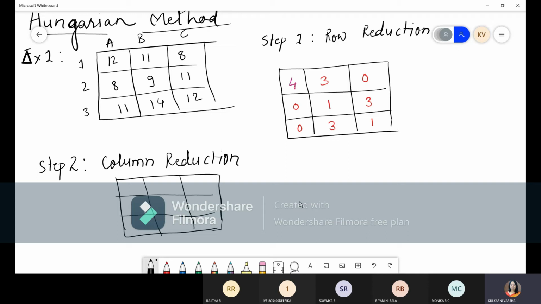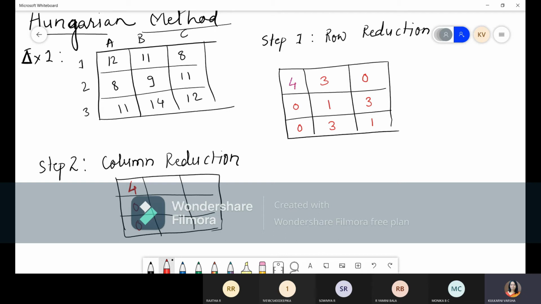From each column we find the minimum element. In the first column the minimum element is 0, so we subtract 0 from the remaining elements: 4 minus 0, 4; 4 minus 0, 4; 0 minus 0, no change.